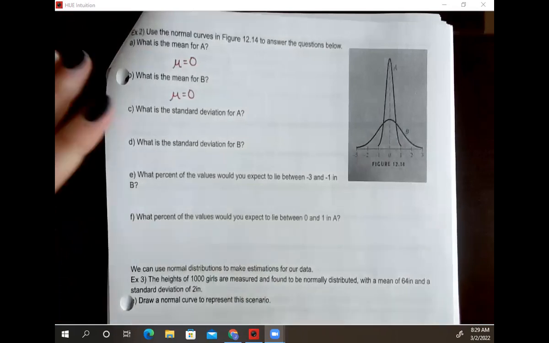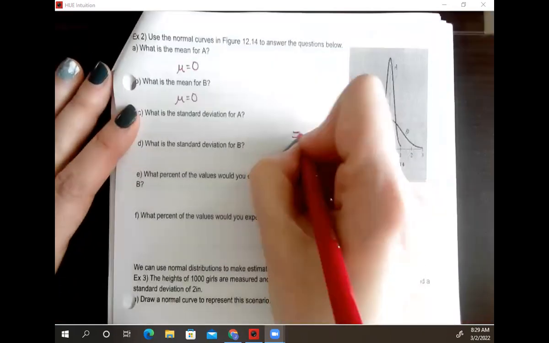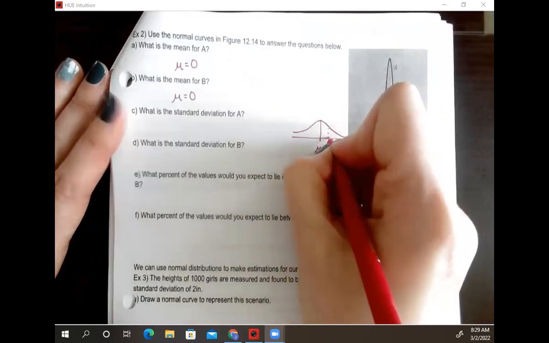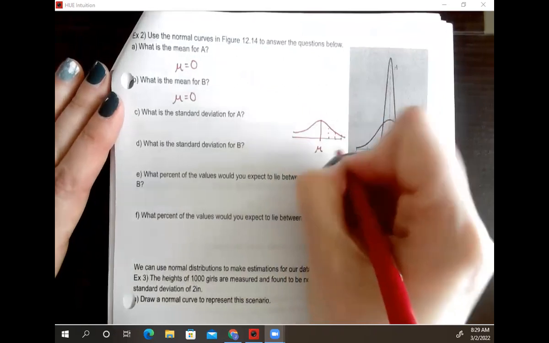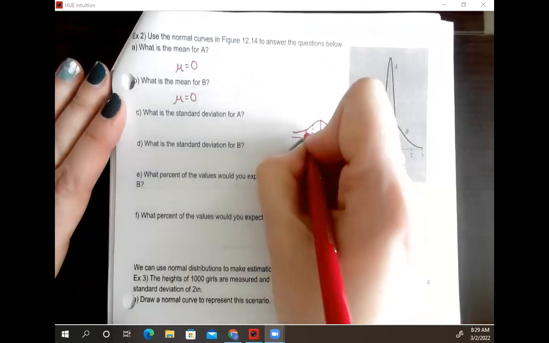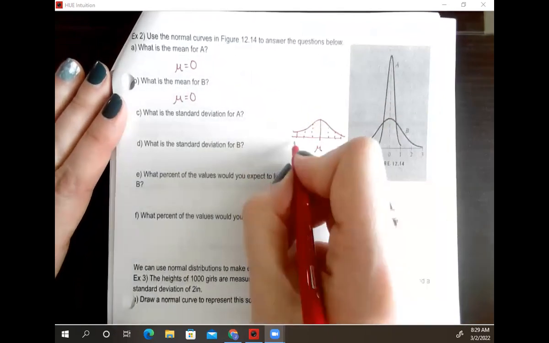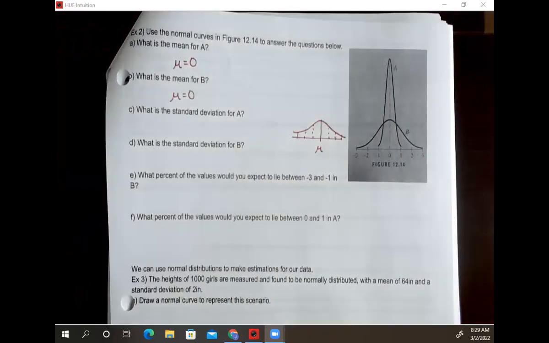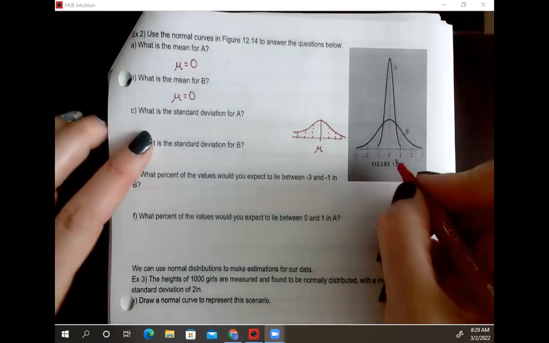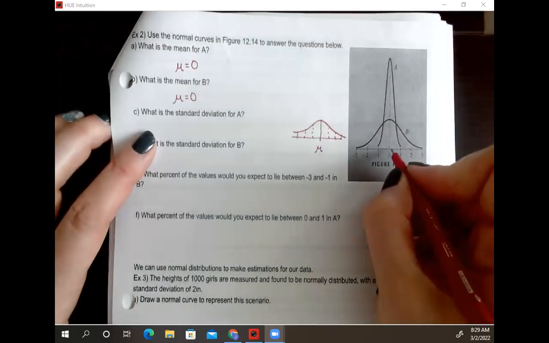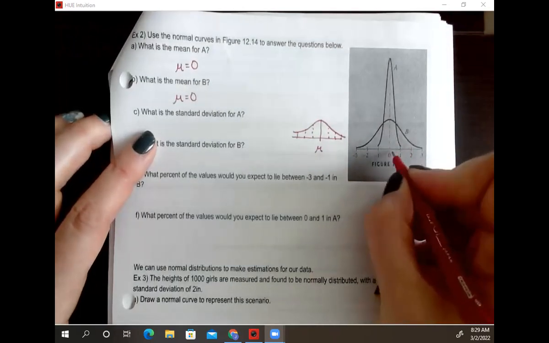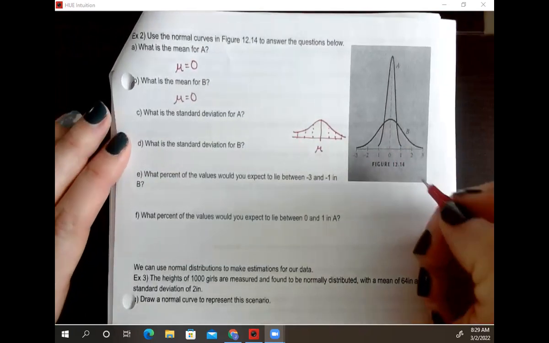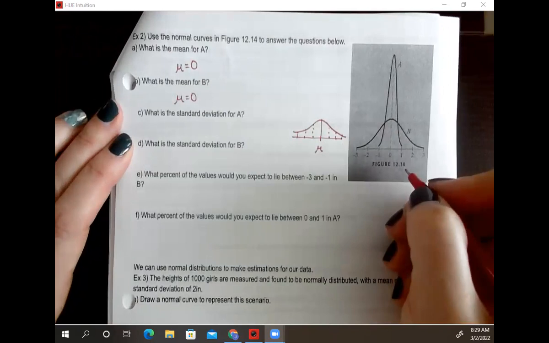So remember, anytime I have a normally distributed set, I've got the mean in the middle, and then 1, 2, 3 pieces that I look at on either side. We count our third standard deviation as sort of the ends of our data. So for A, if I'm looking at the standard deviation, I should have my 3 chunks all squashed in between 0 and 1.